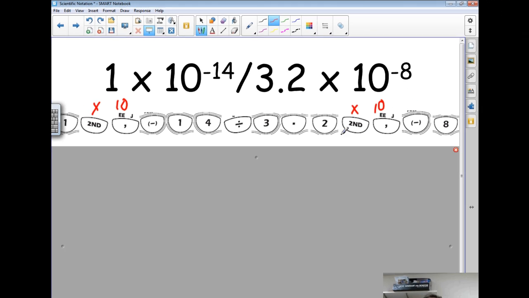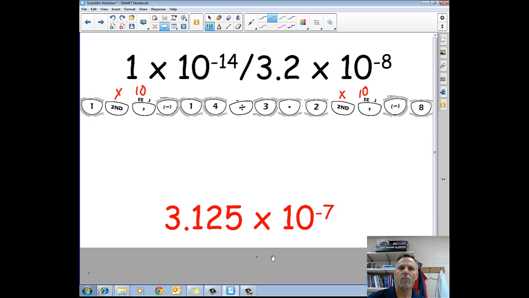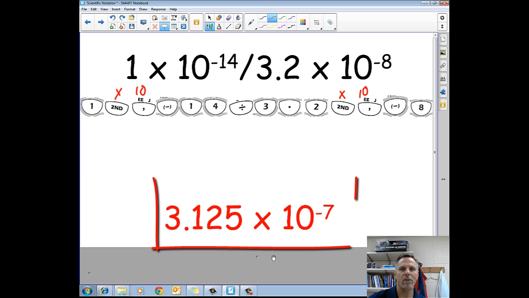And when you hit enter after doing all this, you should get the following answer: 3.125 times 10 to the minus 7th. And it will read on your calculator 3.125 e -7. When you're writing your answers down on a sheet of paper, never put e -7. Always write it out in this fashion: 3.125 times 10 to the minus 7th.